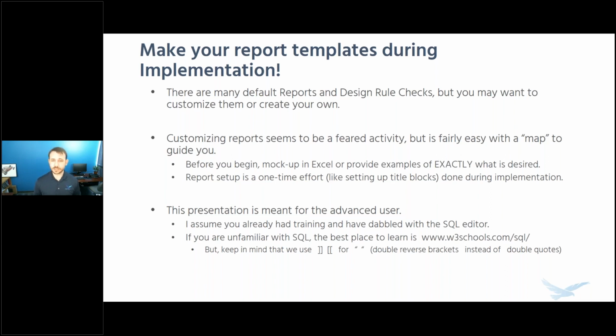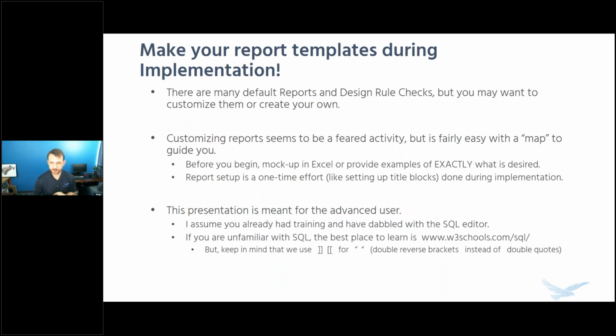So if you want a report of every drawing that a cable shows up on, you have to think about what you're looking for. Cable tag, right? Then what drawings is it on? Where is it at? You have to think about where everything's going to go.